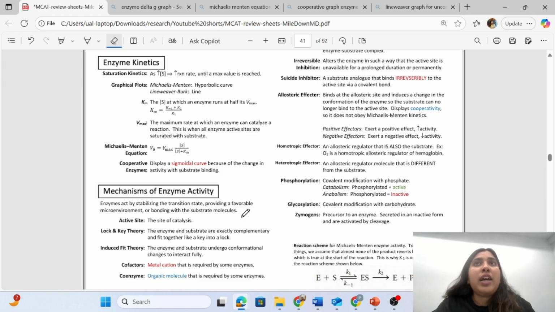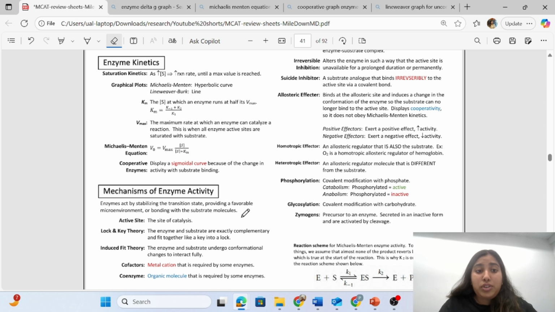But after 10, you will get a flat line. It won't increase because you have 10 enzymes and all 10 substrates are now bound to the enzymes. So if you have an 11th substrate, it has no enzyme to bind to. So the speed will not increase and you would just have a flat line.